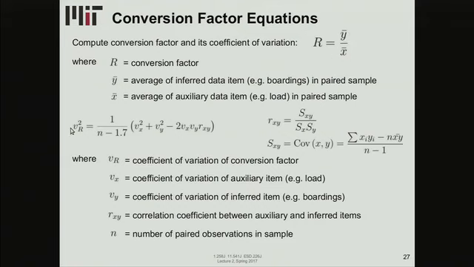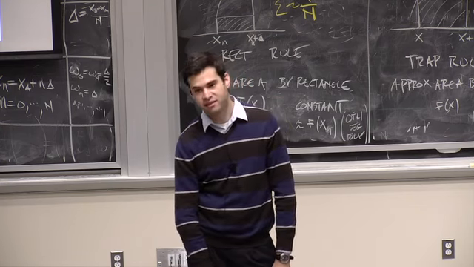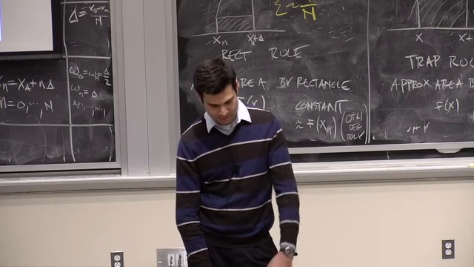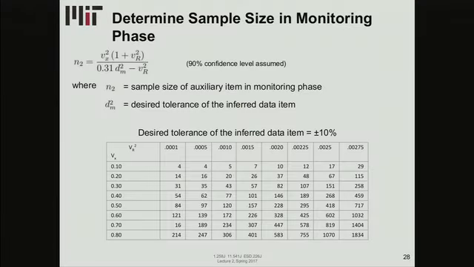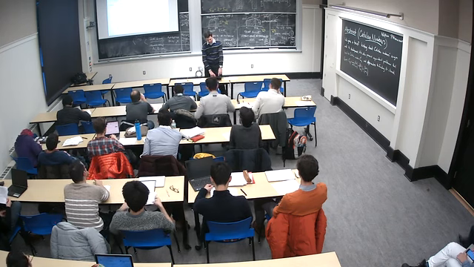So there's some uncertainty about the relationship that you estimate between your baseline data item and your auxiliary data item. So you need to consider that in your sample size. And here are some tables with some examples of what happens when the coefficient of variation of your relationship increases or decreases.